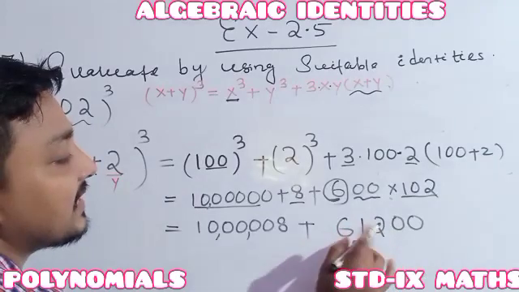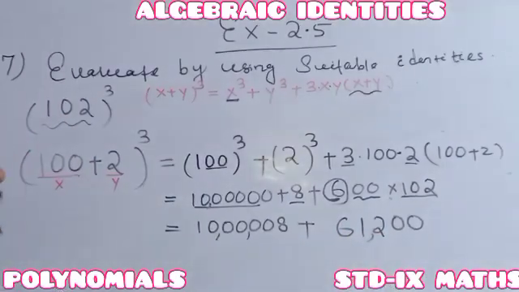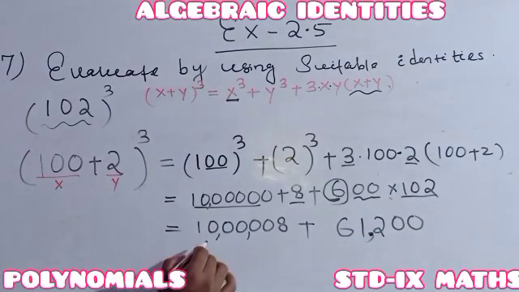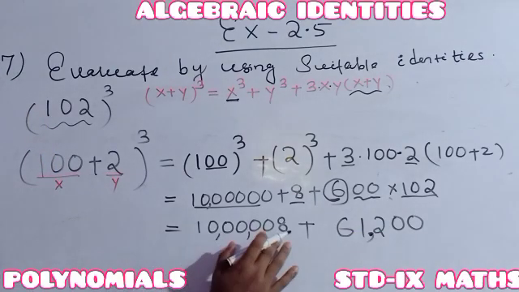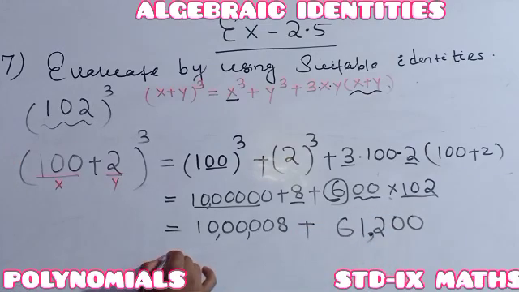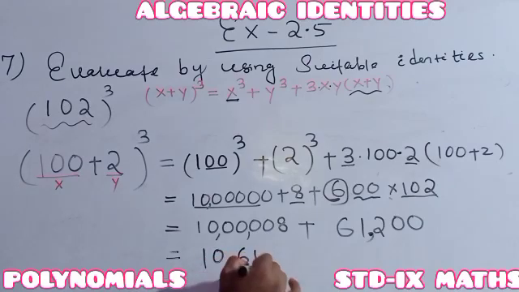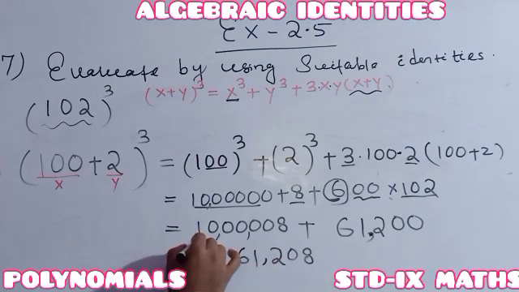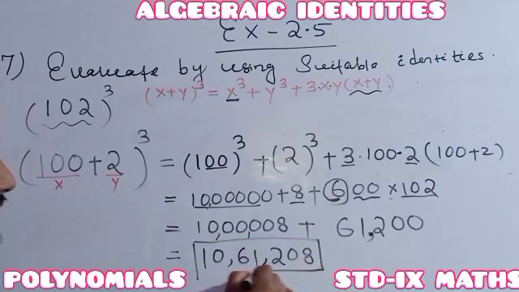This one is 61 lakh 1200? No, 61,200. See, here it is 10 lakh 8, here it is 61,200. So whenever we add them, easily we can find 10 lakh 61,208. So tell me, is this one easy or difficult?